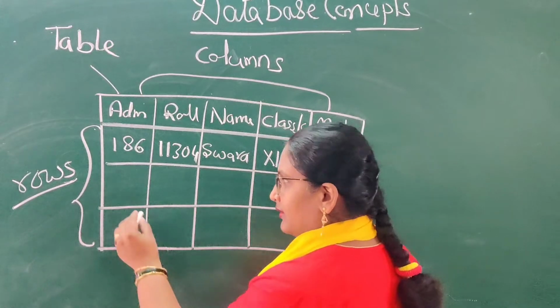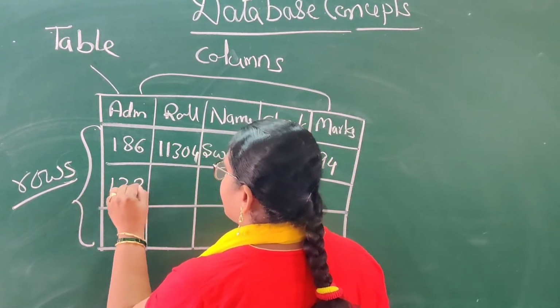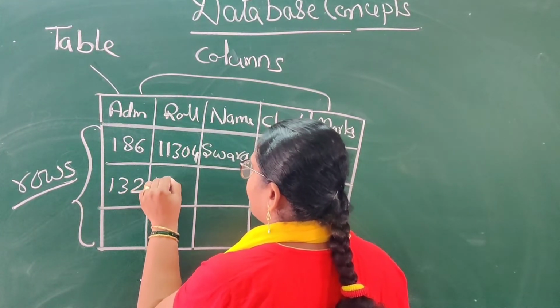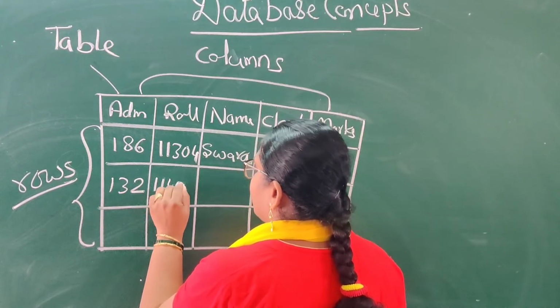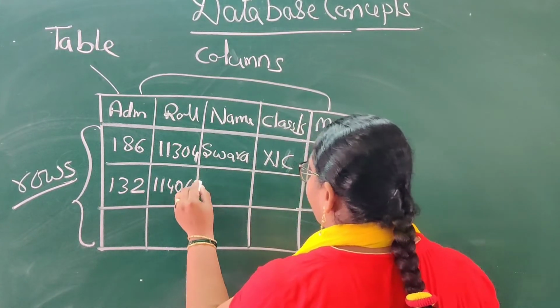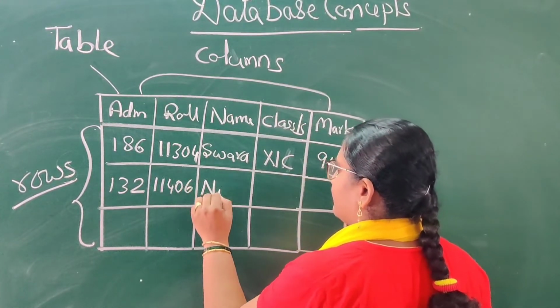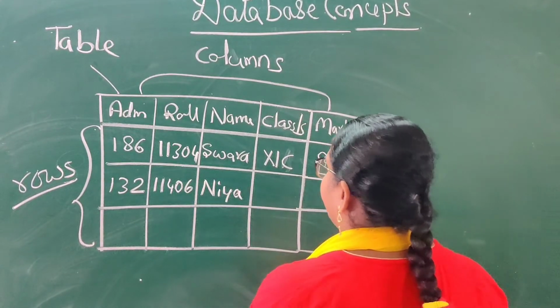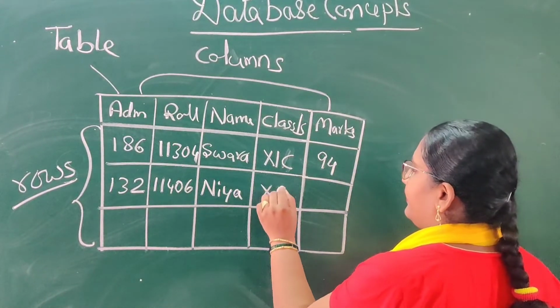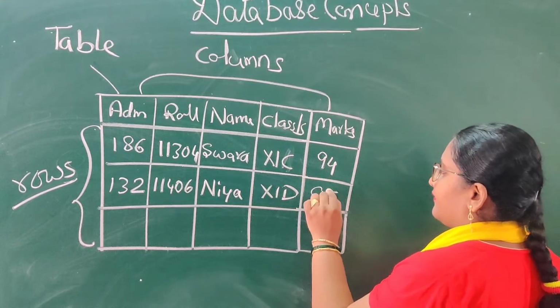Then 132 is the admission number, 11406, Mia, 11D, 95.